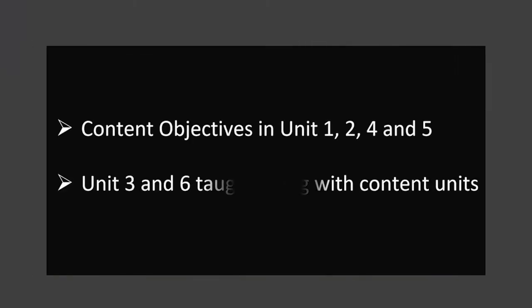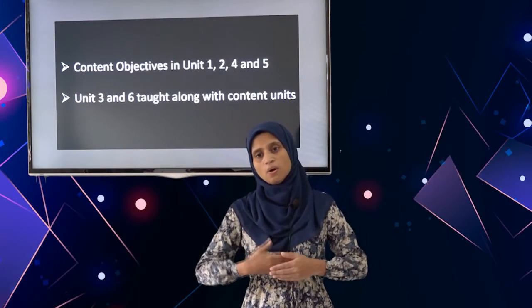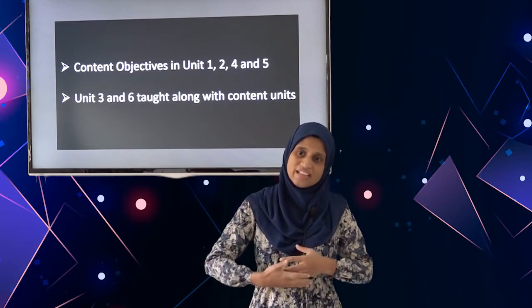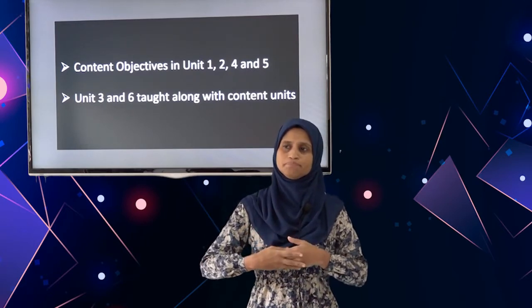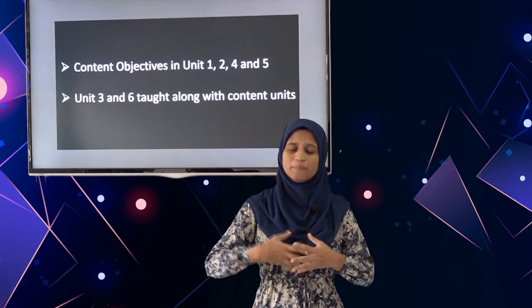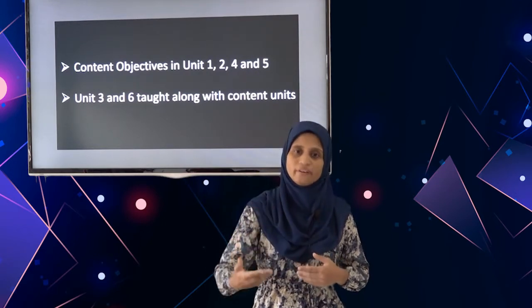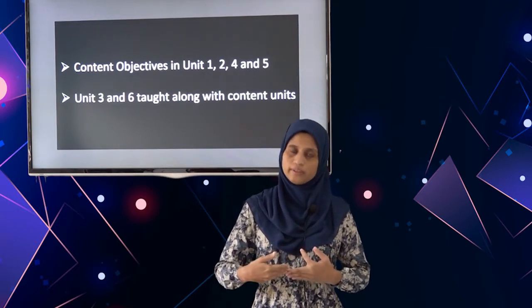However, Unit 3 and Unit 6 are 2 practical papers, or alternative to practical papers, and the content for these 2 papers needs to be revised along with the content units, which means when you are studying Unit 1, you will have to revise and understand and be able to apply the practical skills of all the content that is being taught in Unit 1. The same goes for Unit 2, Unit 4, and Unit 5.